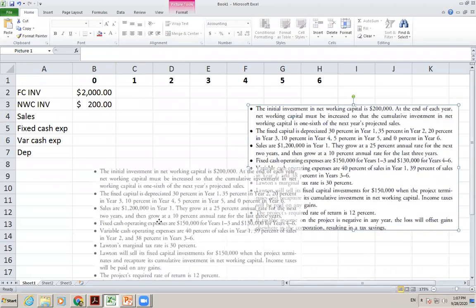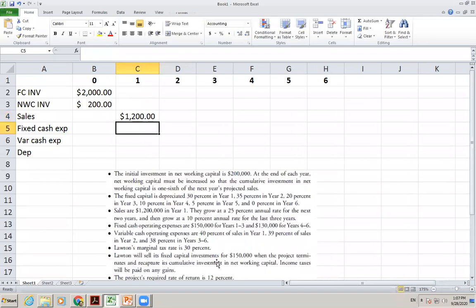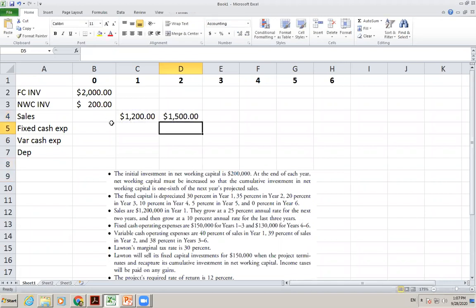Now, my sales. I'll start with sales. My sales are 1,200 in year 1. In year 2, it says they will grow at a 25% rate for the next 2 years, so this is multiplied by 1.25.